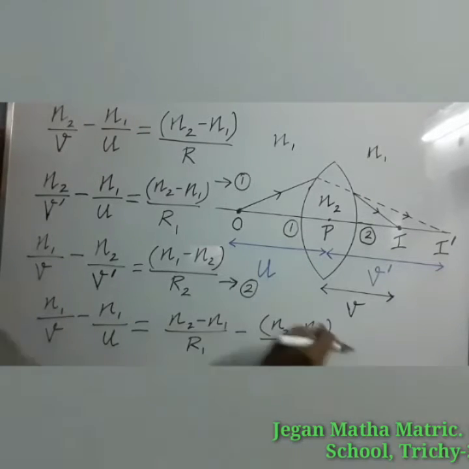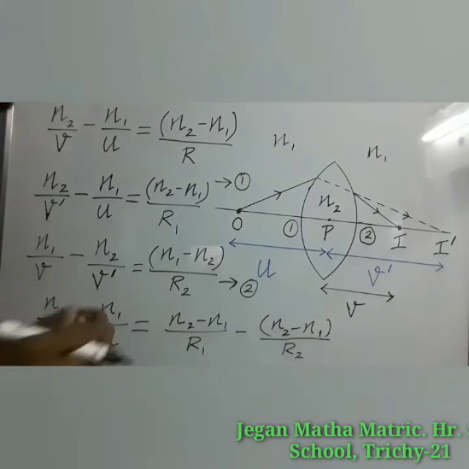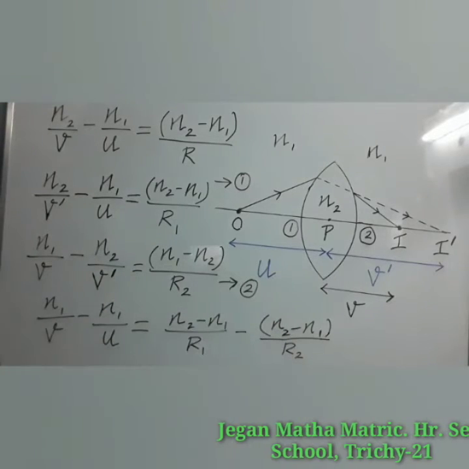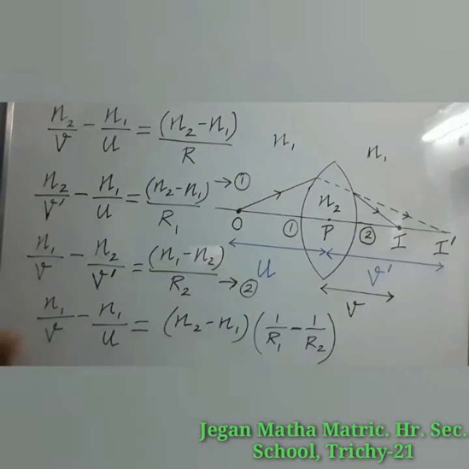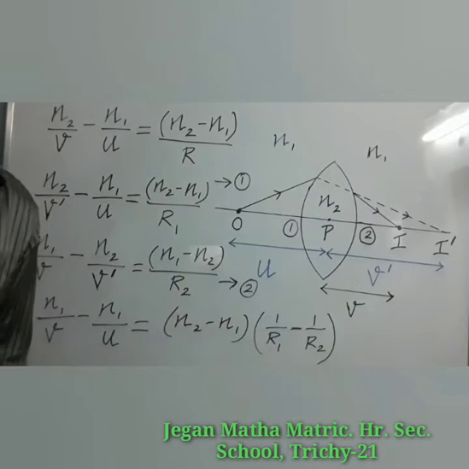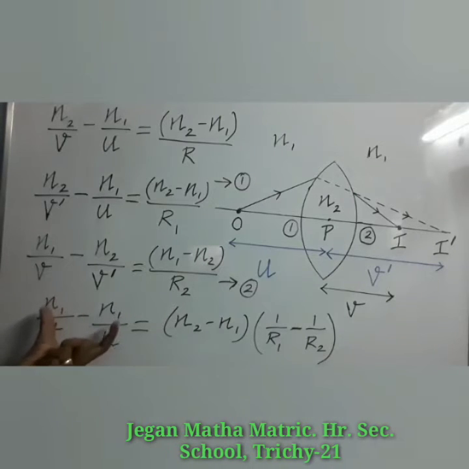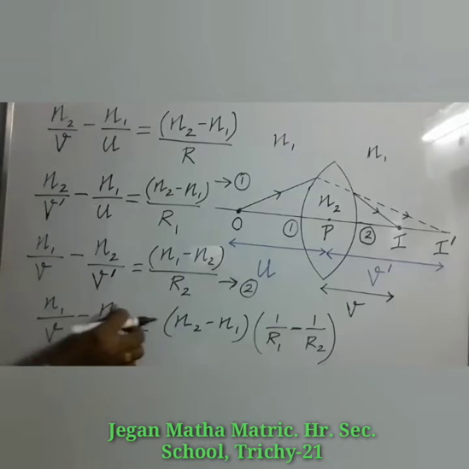Now which is the common thing in these two expressions? N2 minus N1 is a common thing that can be taken outside. So the right hand side can be written as shown here. Further we can simplify this equation, because here N1 is a common thing that can be taken outside.